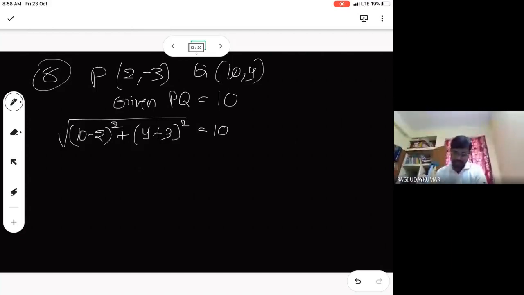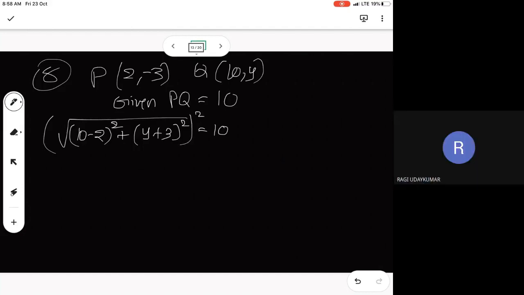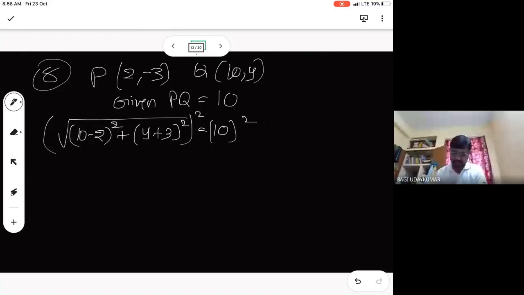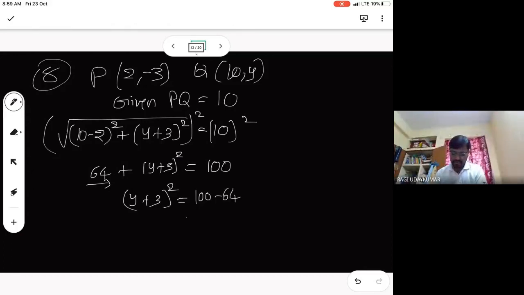Square root and square get cancelled. 10 minus 2, 8. 8 square is 64 plus y plus 3 whole square. 10 square is 100. This 64 उधर लेके जाओ. So y plus 3 whole square is equals to 100 minus 64. 100 minus 64, 36.